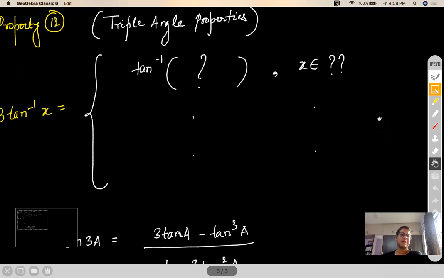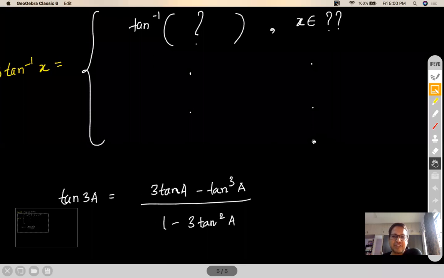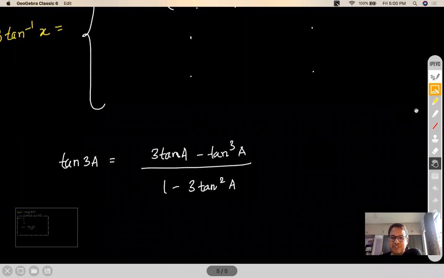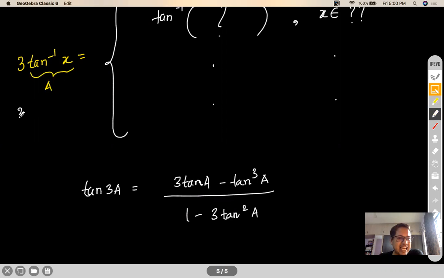Okay, so most of you have given me the right option for this first question mark, but for the second question, the 2 question marks over here, that is your interval, some of you are shaky on that front. So it's very obvious that we are looking at 3, let's say I call this angle as A. So we are looking at 3A angle, and basically this is going to cater to, correct me if I'm wrong, open interval minus 3 pi by 2 to 3 pi by 2, right?